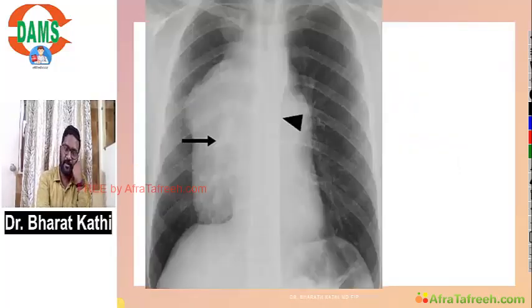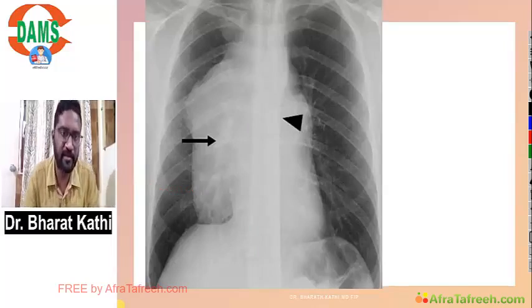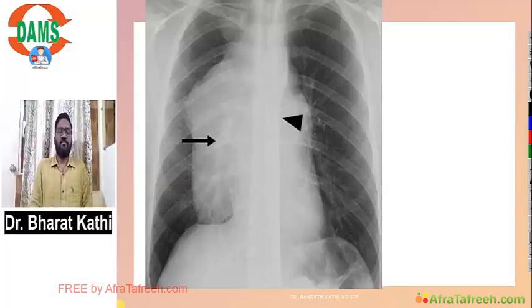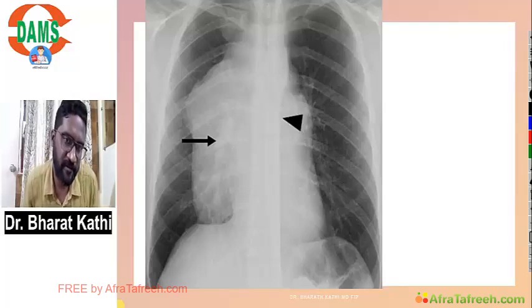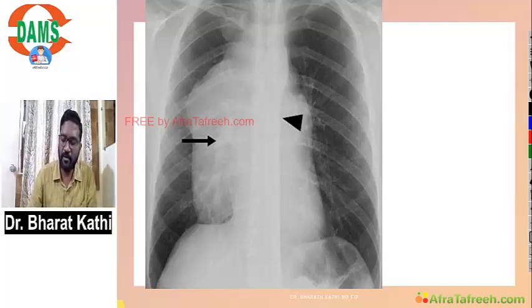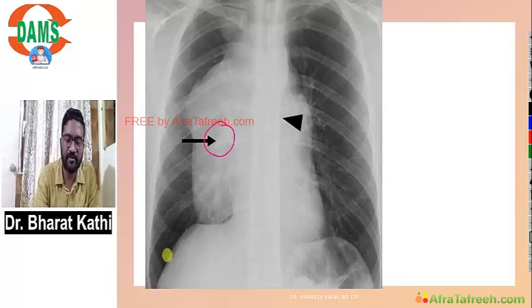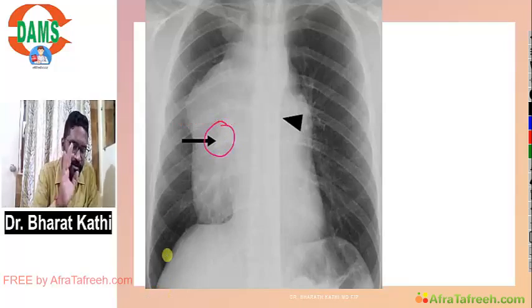Then if there is a mediastinal whitening, people will be asking you what is hilum overlay sign. Now the simple logic here is, if through the mass you are able to identify all the vasculature, it means the mass is not at the hilum.